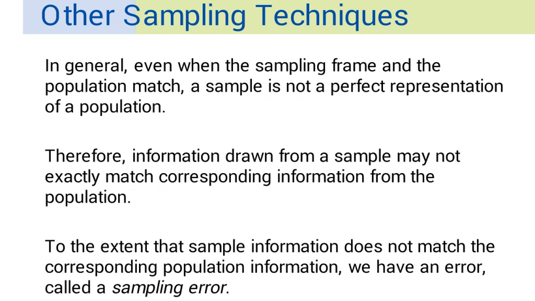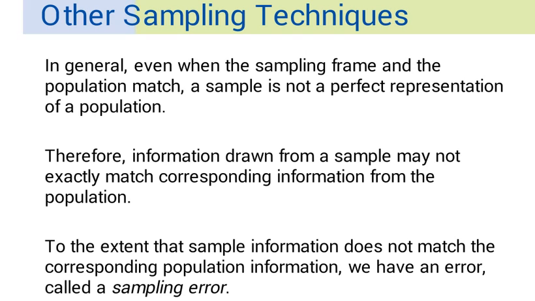Fun for everyone. Now, it's important to recognize that even when the sampling frame and the population match, a sample is never going to be a perfect representation of a population. We talked about this in class, that if we took the average GPA of even the most perfectly selected sample, it's probably not going to match exactly with the average GPA we'd get if we took information from every single person in our population.